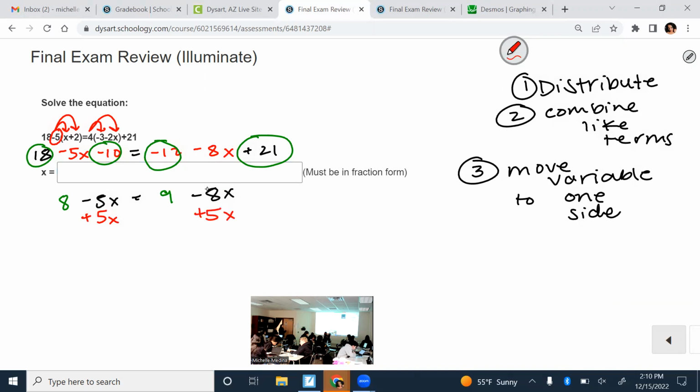Notice I'm lining it up with this like term. On the right side, 9 doesn't have a like term. What's -8x plus 5x? Negative 3. -3x is correct. Oh, I did my math wrong, because -8 plus 5 is -3.